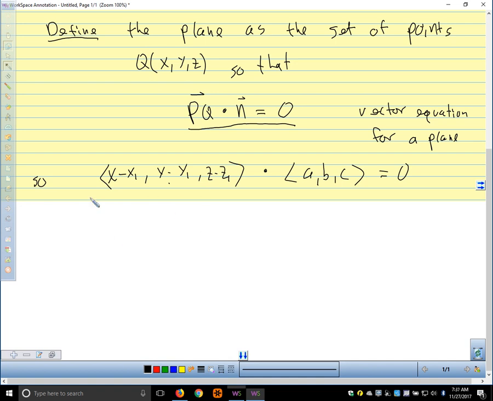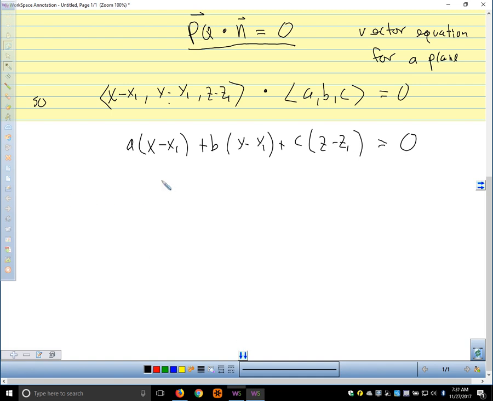And then we can form this dot product, and we get a times x minus x1, plus b times y minus y1, plus c times z minus z1, equals 0. This is our standard form for the equation of a plane.